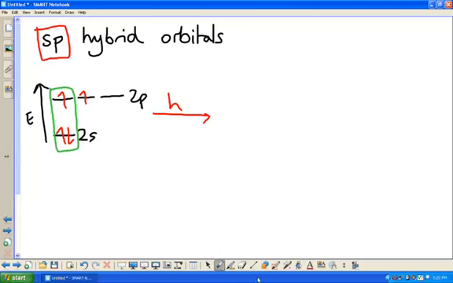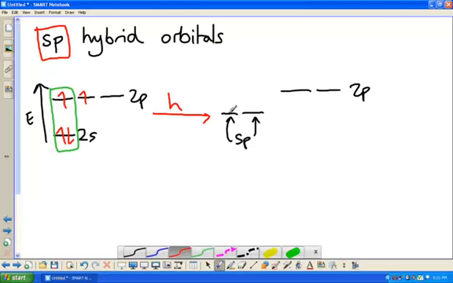So if we put in 2 atomic orbitals, how many hybrid orbitals should we get out? Well, as you would imagine, it's 2. 2 of those. But then that leaves 2 p orbitals left over. We still have a total of 4 orbitals, so we're going to put those electrons here.